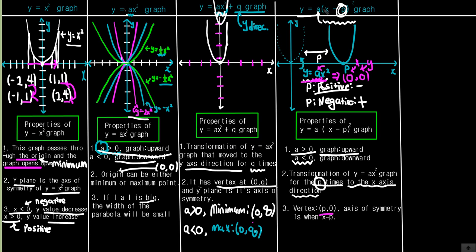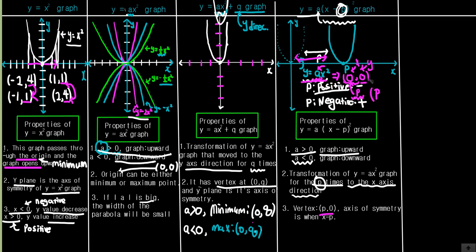But for the a times x minus p squared graph, we moved the graph in the x direction. That means the x coordinate will change, but not the y one. We don't know the exact value of x, so we just use p, which shows the distance we moved.